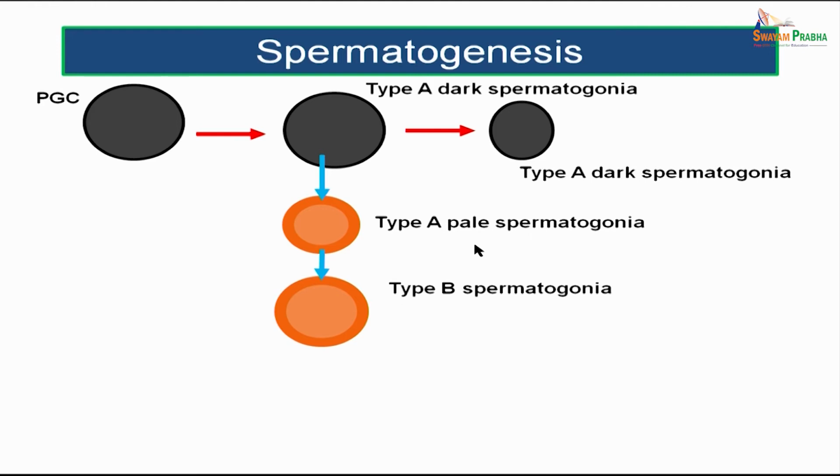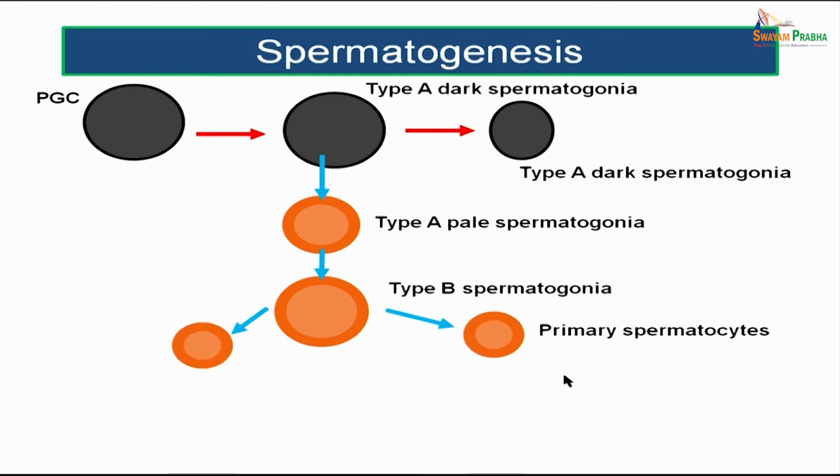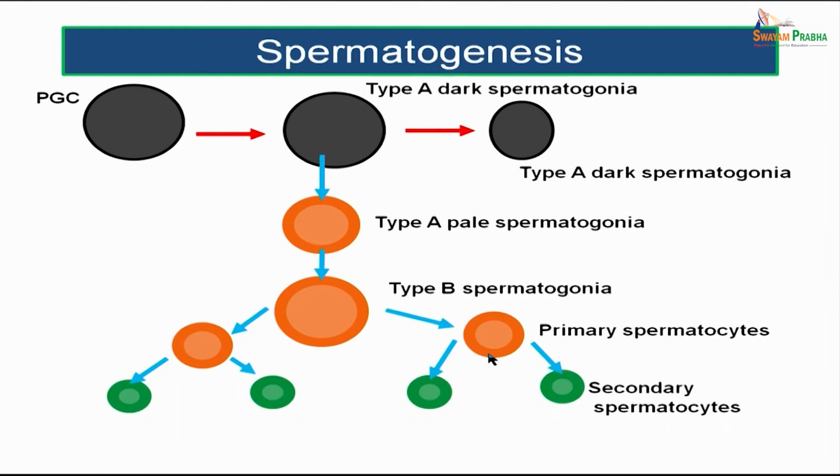Now, the type A pale spermatogonia form more type B spermatogonia, which divide to form primary spermatocytes, which divide to form secondary spermatocytes, which divide to form the spermatids.